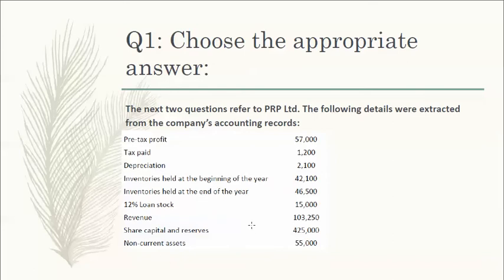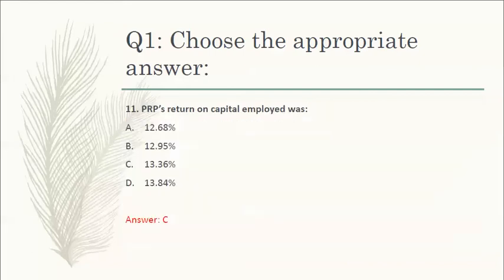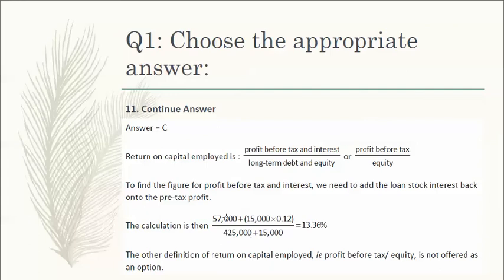We have here 15,000 and 425,000. Then the total for the return on capital employed is 13.36%. The other definition of return on capital employed, profit before tax over equity, is not offered as an option. Okay, next question.